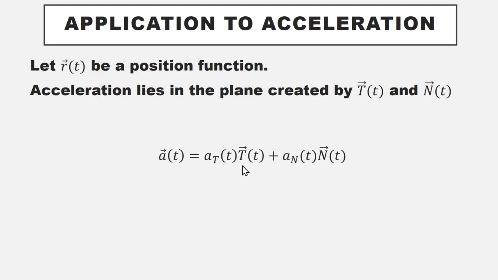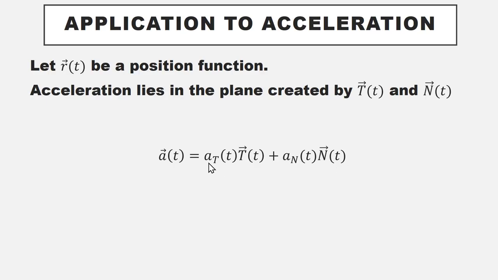And this is useful because it tells me how much acceleration is going in the direction of the graph and how much our acceleration vector is pointing in the orthogonal direction to the graph.